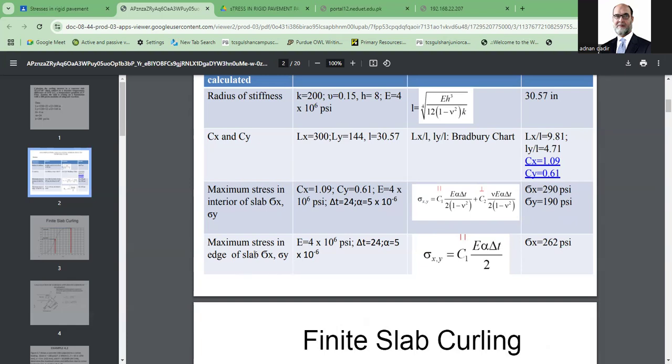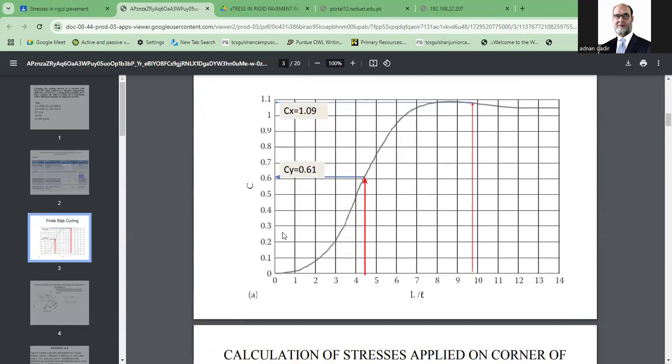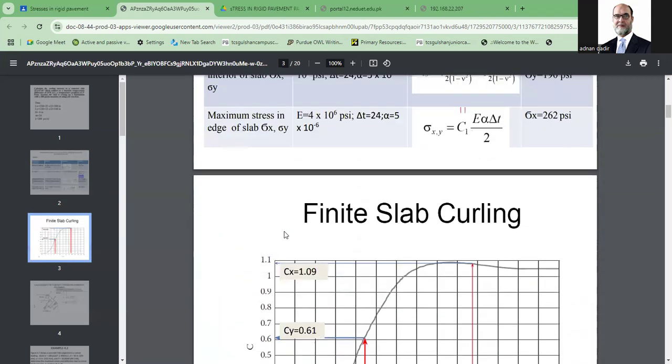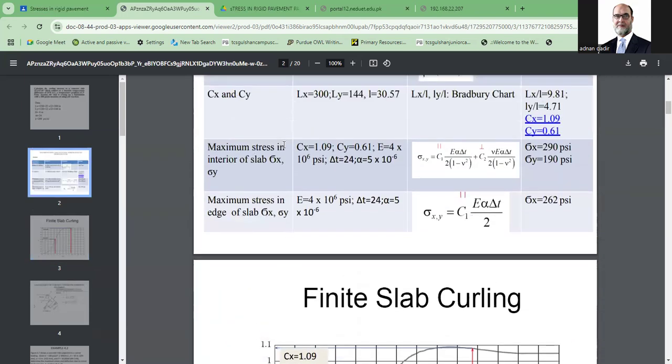Now, we have to calculate stress in three parts. Actually, this problem required the stress in the interior of the slab and at the edge of the slab. For the edge of the slab, we need to use this formula, and from that we can get sigma x equal to 262 psi.